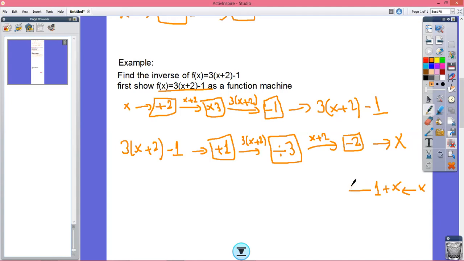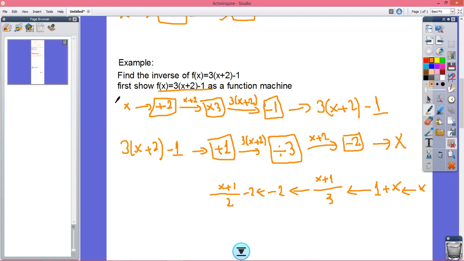From x plus 1, we are going to divide it by 3. Then, after this one, we are going to subtract 2. And we are going to get (x plus 1) divided by 3, minus 2.